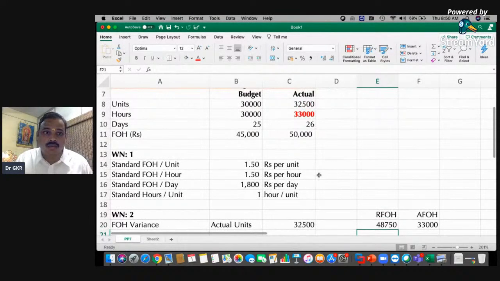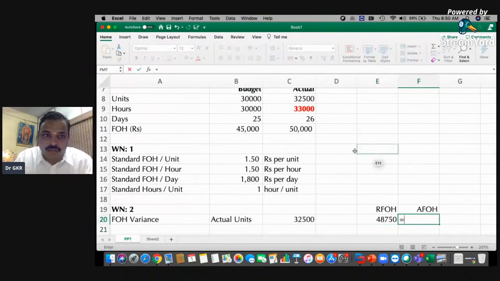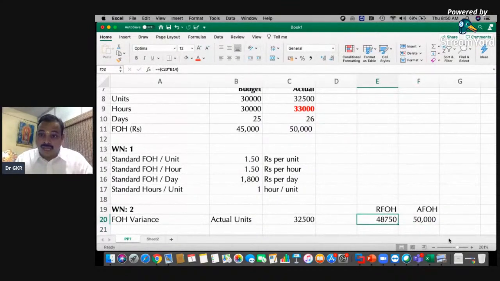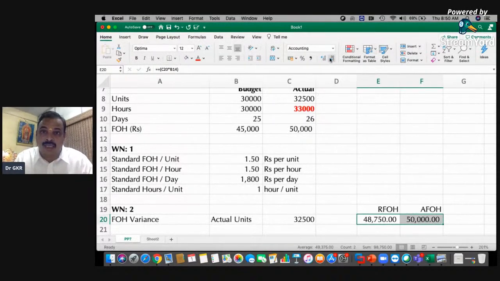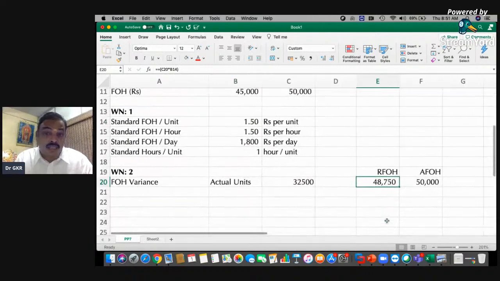I'm sorry, it is not 33,000. This is 50,000 rupees. So actual fixed overhead is 50,000, and your recovered fixed overhead is with respect to your actual units: 32,500 at the rate of 1.5 rupees, so 48,750.